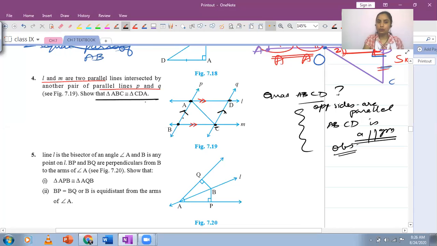So the conclusion which you can make out from here, it was a parallelogram, and in the parallelogram, when the diagonal was drawn, the two triangles that were created are congruent. This is a result you will do in eighth chapter, quadrilaterals, that if we draw a diagonal in a parallelogram, both triangles are congruent, and it could be any diagonal, not just AC. You could draw BD even, and the two triangles formed in the parallelogram will be congruent. So this is just an observation.